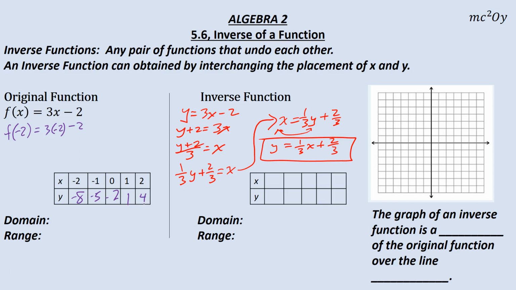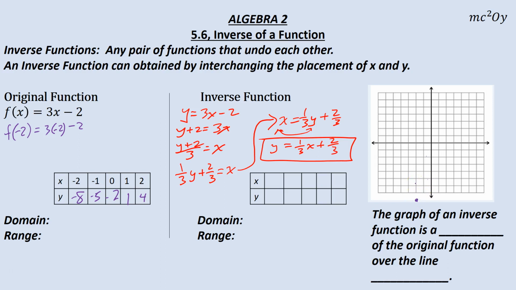So if I'm plotting my original function f, I can put those points in there. So -2, -8 actually won't fit on our graph. We're going by ones, 1, 2, 3, 4, 5, 6, 7, and we'll add a place there, -8.